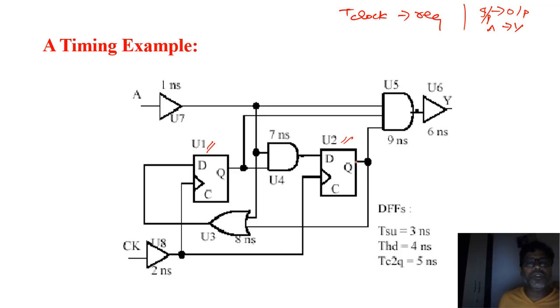So in this problem, you have two regs, U1 and U2, that have been given. The specification given for the D flip-flop is: setup time is 3 nanosecond, hold time is 4 nanosecond, C to Q is 5 nanosecond. C to Q means from clock to Q it is 5 nanosecond.